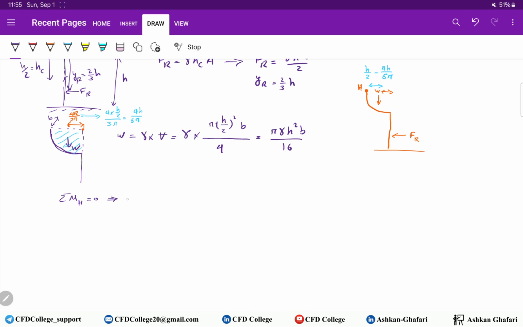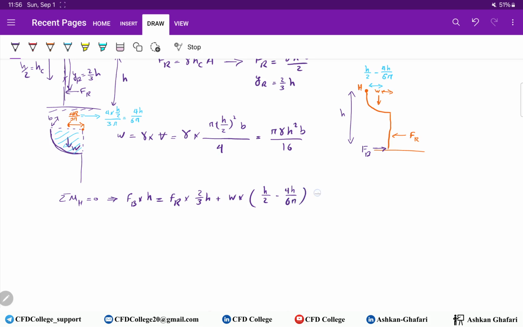So the moment, and here you know that we have this force, for example, Fb. So Fb times h, the distance, equals Fr times Yr, which is 2/3 of h, plus W times h over 2 minus 4h over 6 pi.